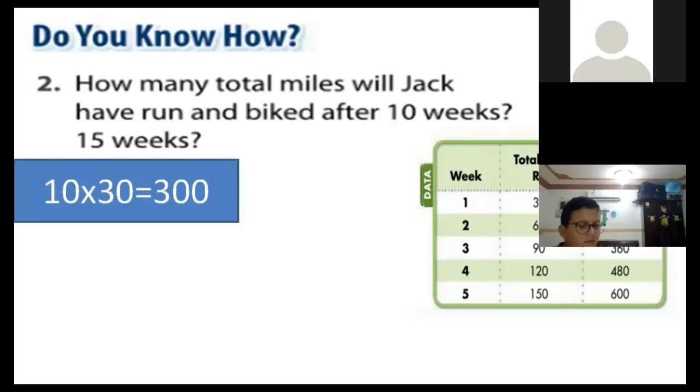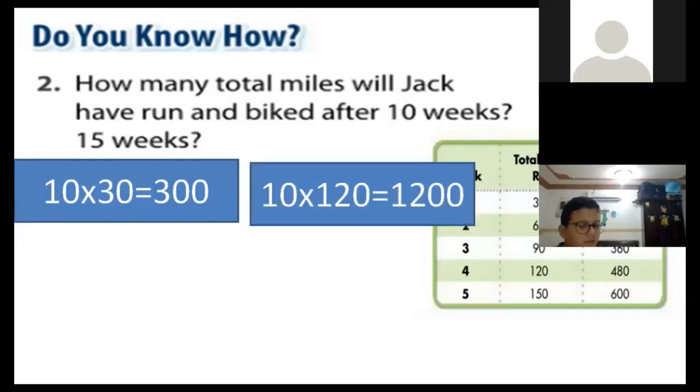We have 10 weeks and we add the same amount, repeated addition in 10 weeks. So I'm going easily to multiply 10 by 30 instead of adding. You are going to do the same to calculate the bicycle, 10 by 120.